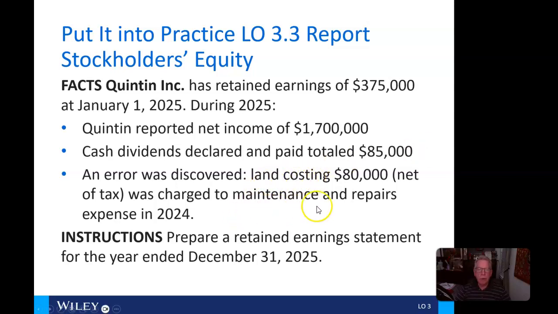An error was discovered. Land costing $80,000 net of tax was charged to maintenance and repairs expense in 2024. Not good.